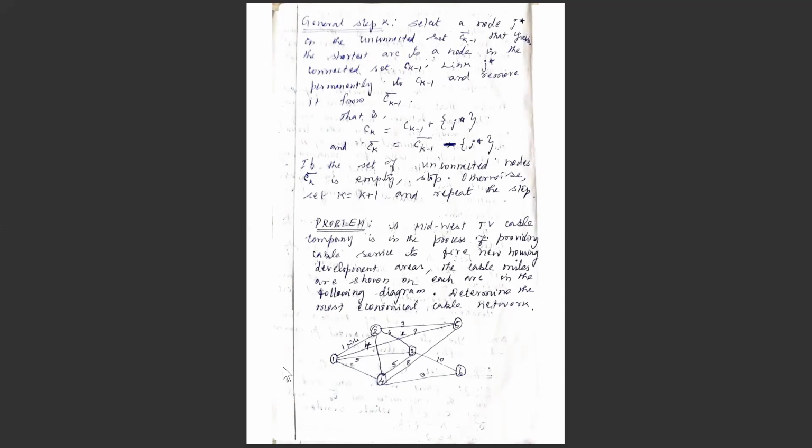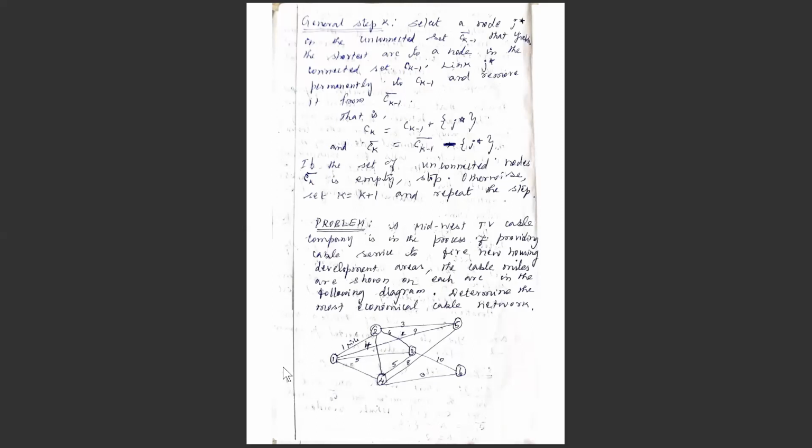So you have to simultaneously remove it from Ck minus 1 bar. That is, Ck is Ck minus 1 plus j star. It is added to Ck minus 1, and Ck bar is Ck minus 1 bar minus j star. It is removed from Ck minus 1 bar.